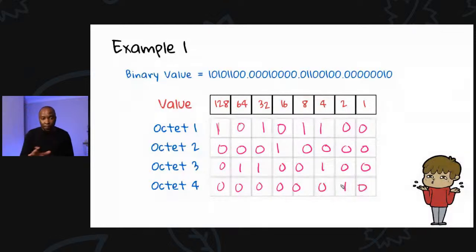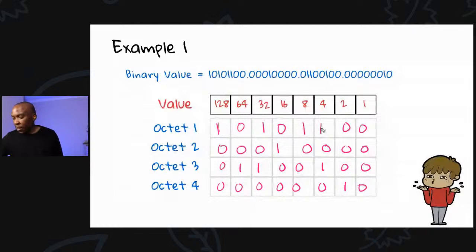So that's the first step, just writing down. The next step is the mathematics part, addition. 128 plus 32 is 160. 160 plus 8 is 168, plus 4 is 172. So the first octet is 172. The second octet is 16. We only have one, so it's only 16.